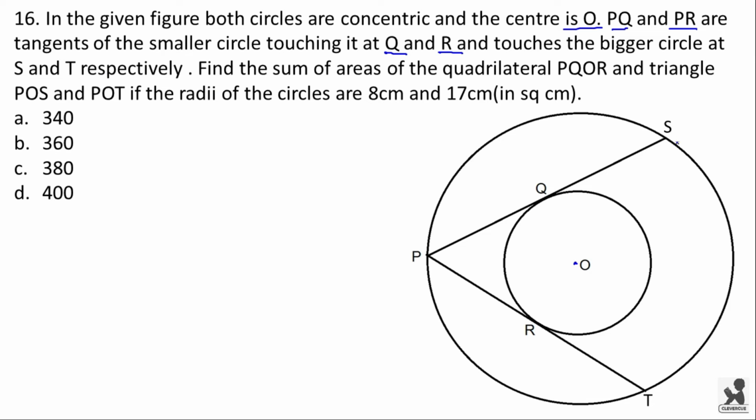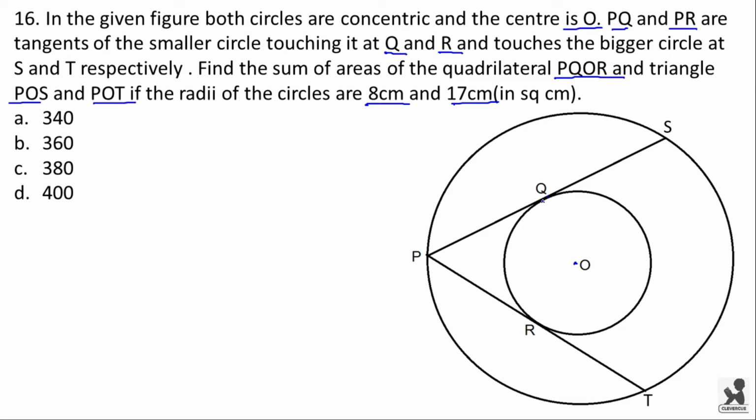So you can see this PQS is a chord of the bigger circle and tangent to the smaller circle. Similarly for PRT. Now find the sum of areas of quadrilateral PQOR and triangles POS and POT if the radii of the circles are given as 8 centimeters and 17 centimeters.